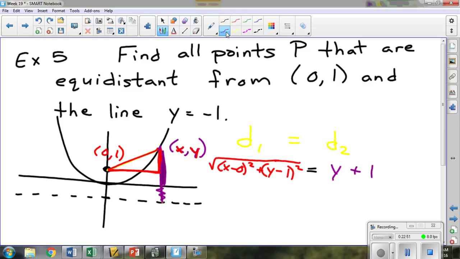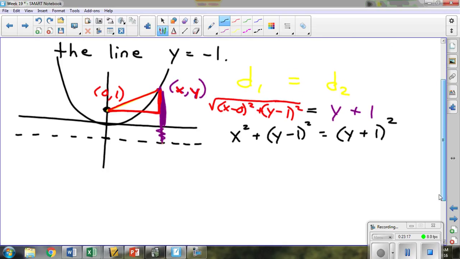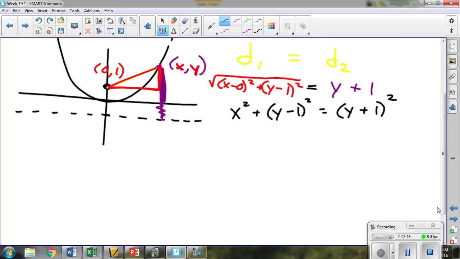First things first, I want to square to get rid of the square root. Squaring both sides gives me this. And what we would like to do is to manipulate this to create something of the format y equals blob.